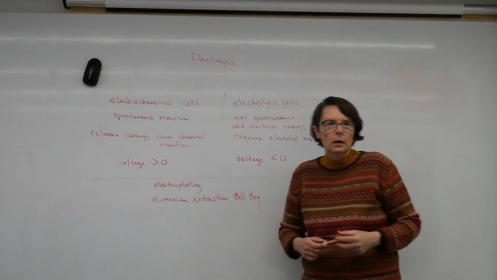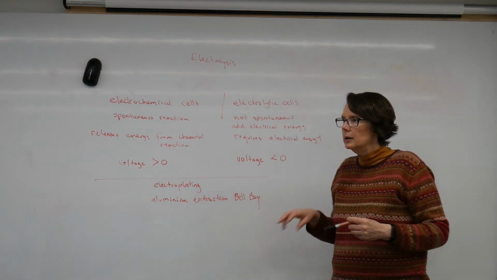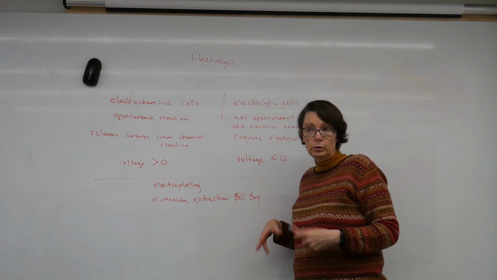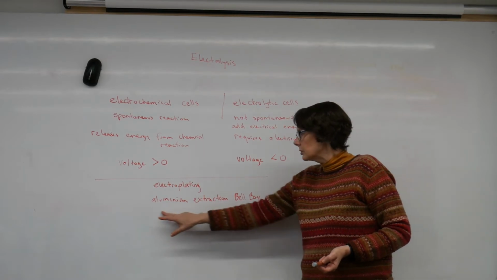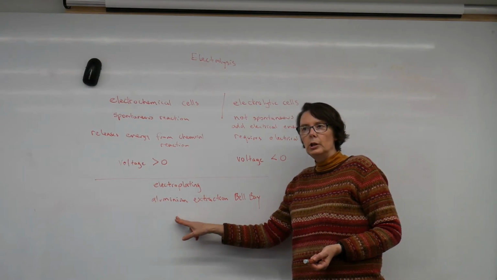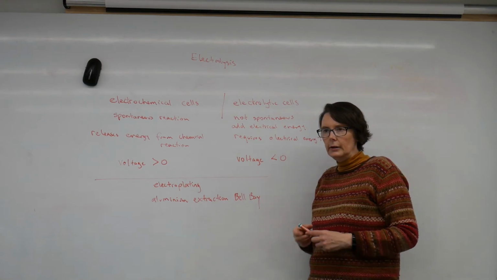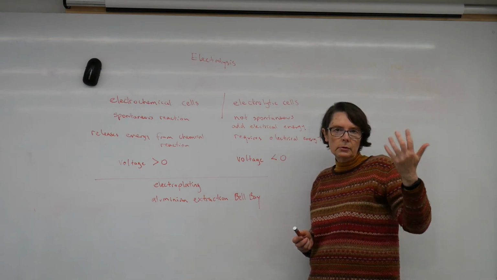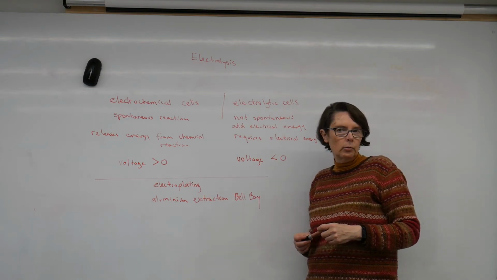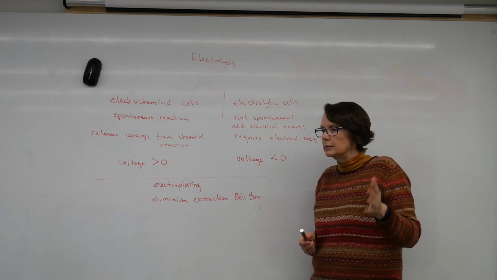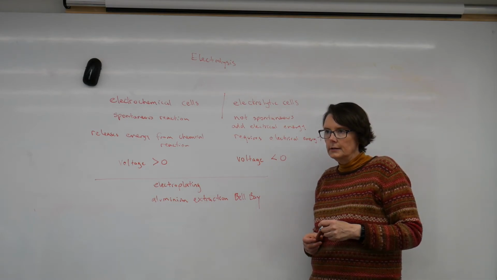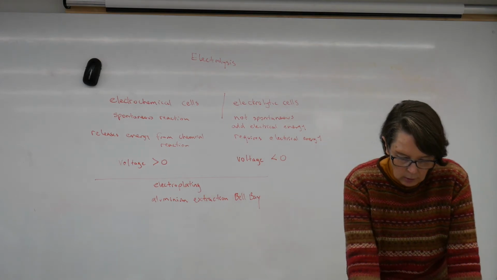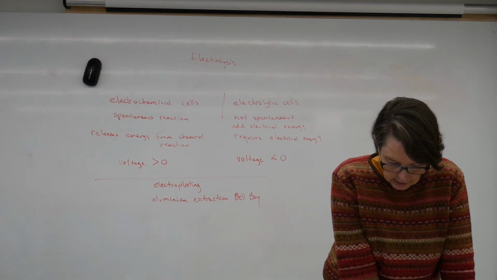Bell Bay at the mouth of the Tamar uses a very significant percentage of the electricity produced in Tasmania, because this reaction to extract the aluminium from the ore requires a lot of electrical energy. The ore comes from northern Queensland, Weipa, and is brought down to Tasmania, and there it's processed. We'll look at a little bit more at that, as I said, later on.